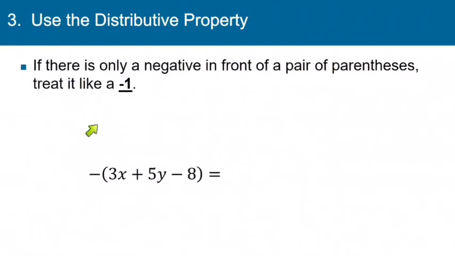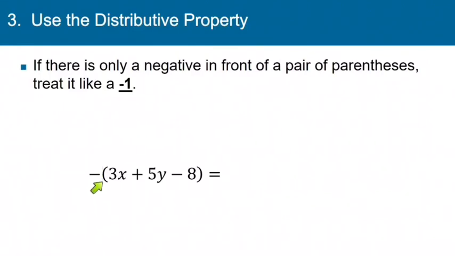Now, a lot of times you'll see a pair of parentheses with only a negative in front of it and no number. So in this case, we're saying minus everything in the parentheses. So if there is only a negative in front of a pair of parentheses, you treat that like it's a -1 coefficient and you distribute the -1.